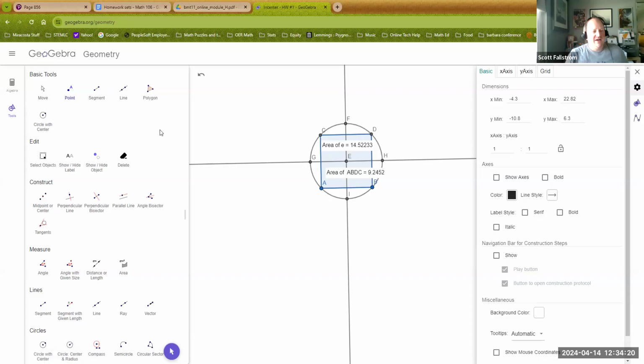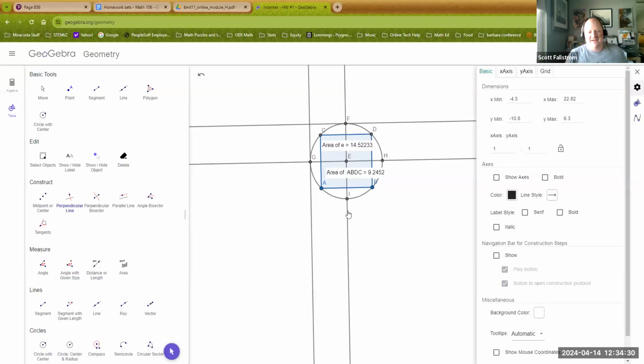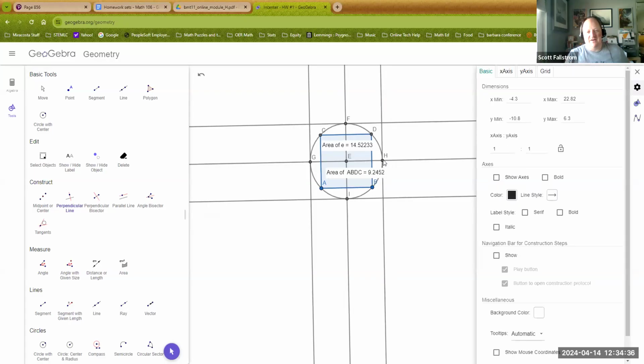Like this. And then I can build some perpendicular lines. So I'll build a perpendicular line from here and there, from here and there. Take a look. I am building perpendiculars, and oops, that point was off. And there they are.